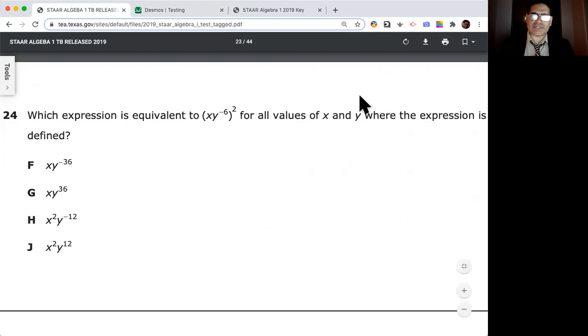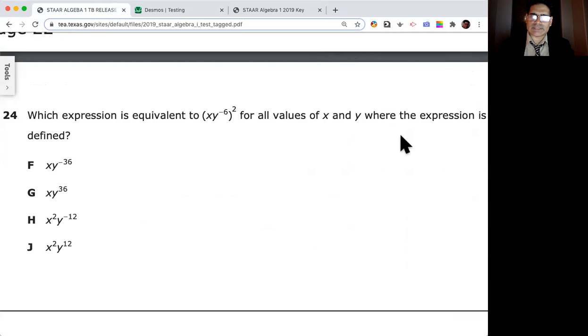So my new expression is going to be x to the 2 times 1, which is 2.